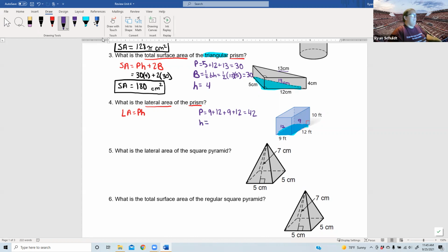That's the only number we haven't used yet. That's the 10. So now we can plug in. We've got P, we've got H. It's going to be 42 times 10, which gets you 420 feet squared.